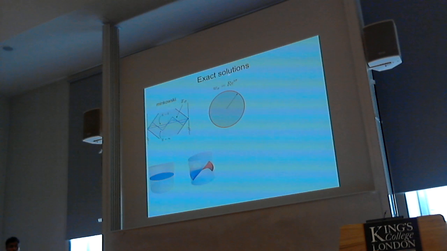On the other hand, when you send this r to infinity and you blow this curve out so that this red region covers the whole W plane, the solution approaches the null square. In the Poincare patch, it looks like this, and in the cylinder coordinates, it looks like this. For intermediate values of r, it's some funny solution which interpolates between these two. Here I've drawn what it looks like.